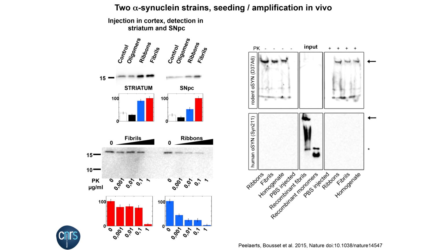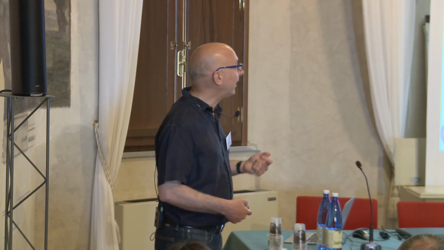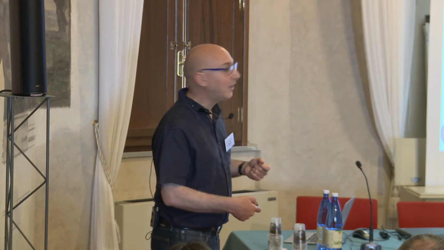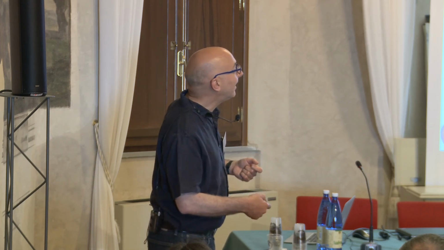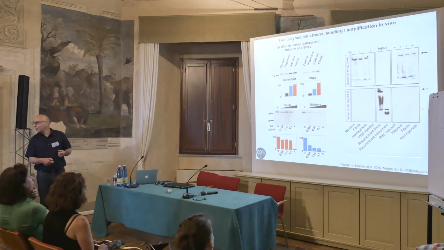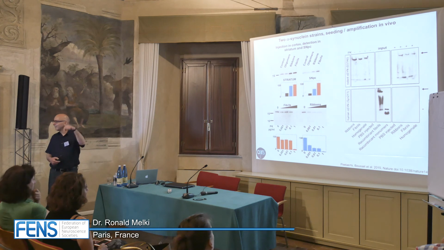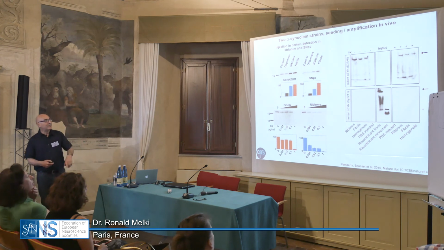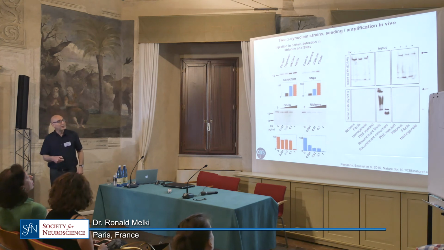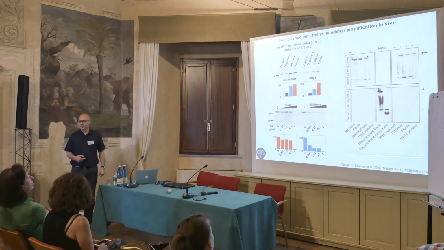But if you look with a human alpha-synuclein antibody, we are injecting human alpha-synuclein into these rats, you can't detect it. What you can detect is a rodent alpha-synuclein that is aggregated. That's why you find it in the slots, and that's why it smears. And it's recognized with a specific antibody that does not recognize the human alpha-synuclein.